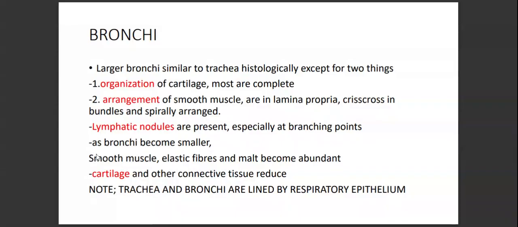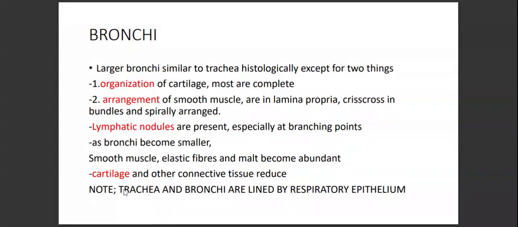Okay, so as bronchi become smaller, pay attention to this statement. As these bronchi become smaller, these things happen. Number one, smooth muscle, elastic fibers, and what we call the mucosa associated lymphoid tissue, MALT, become abundant. Pay attention to this word. The smooth muscle, elastic fibers, and the mucosa associated lymphoid tissue become abundant, or increase in amount or numbers.